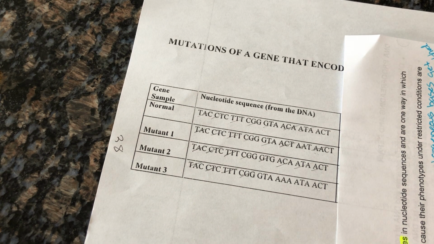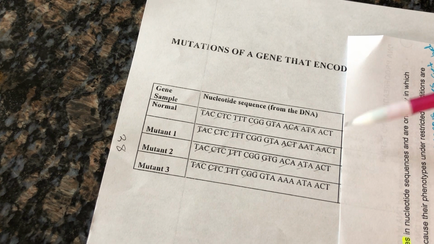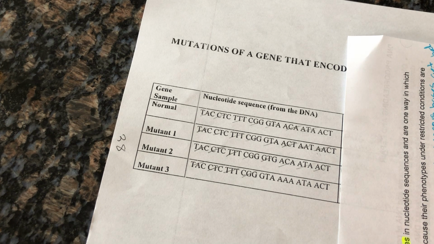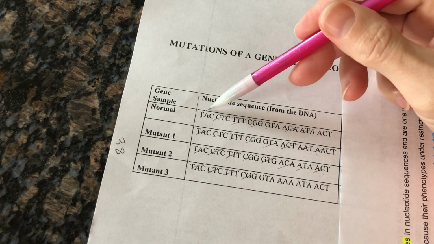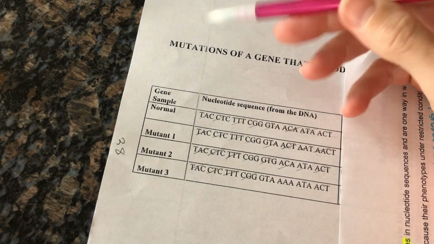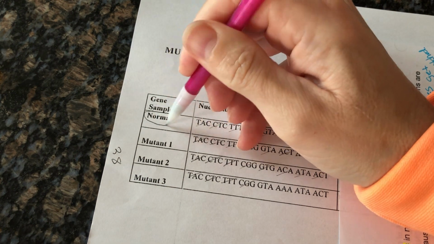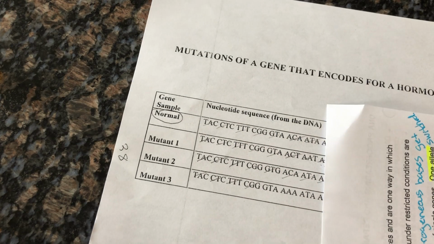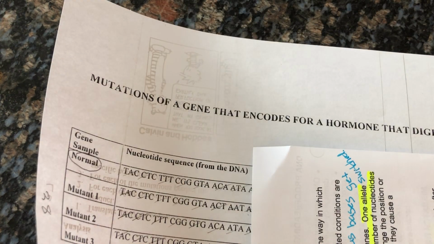So what we're going to do here, the purpose of this is to find out what kind of mutation you have. Do you have nonsense? Do you have silent, etc.? So this is the DNA. And they're saying to us, in this case, this is the normal DNA to make a hormone that digests fat.